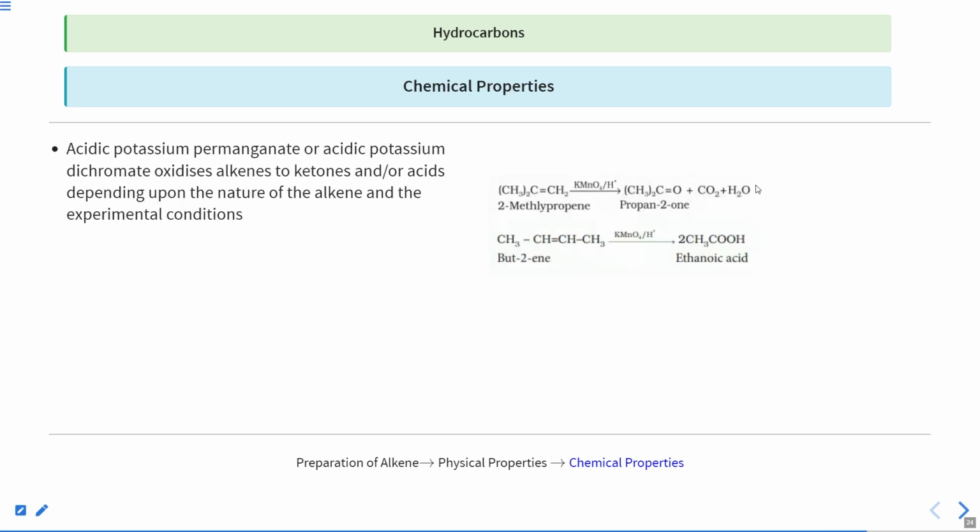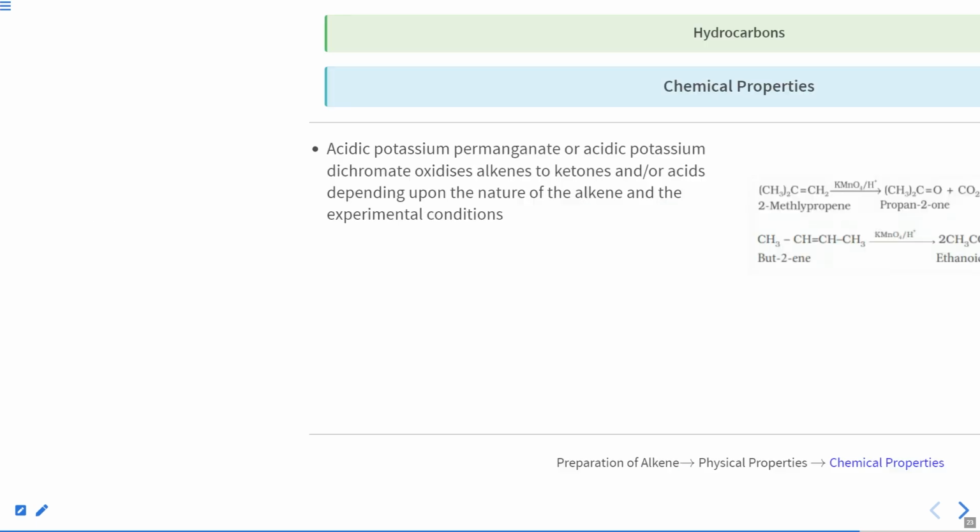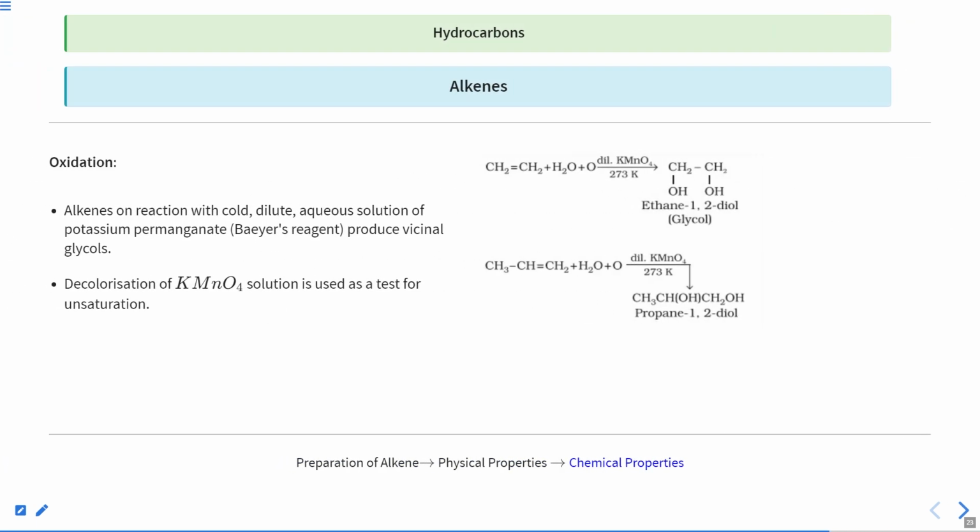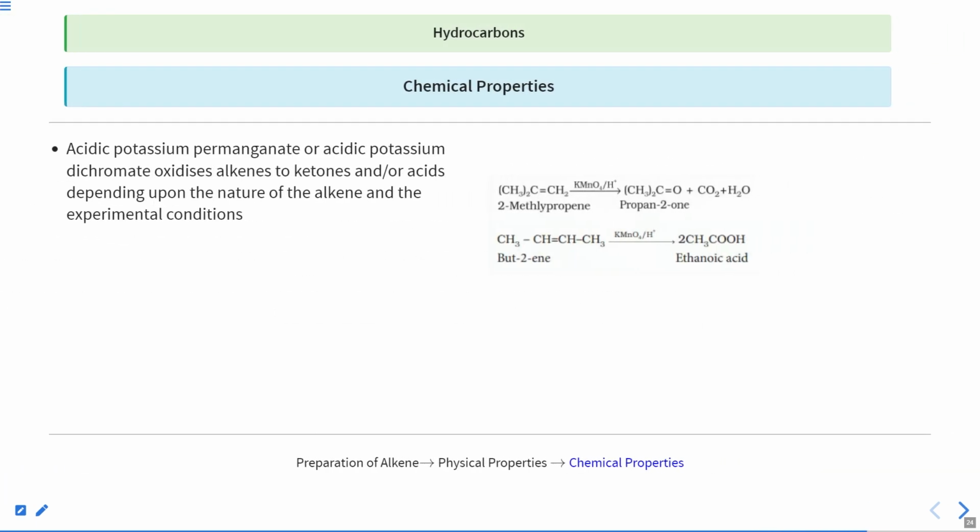Next, acidic potassium permanganate or acidic potassium dichromate oxidizes alkene to ketone. So earlier it was a cold dilute aqueous solution of KMnO4. When you take the acidic form of that same KMnO4, oxidation takes place, and the secondary carbon, meaning this one, is oxidized to C=O, and the bond in between gets cleaved, and each of these carbons gets oxidized.